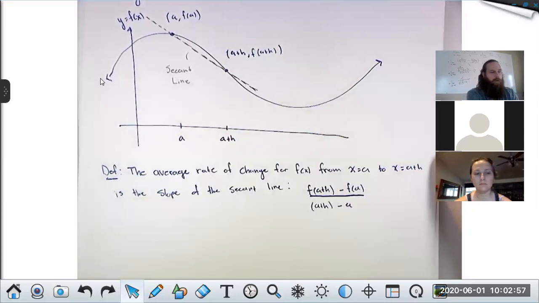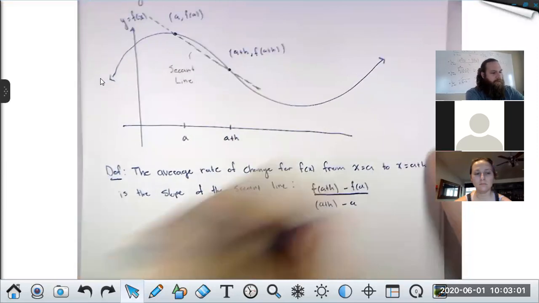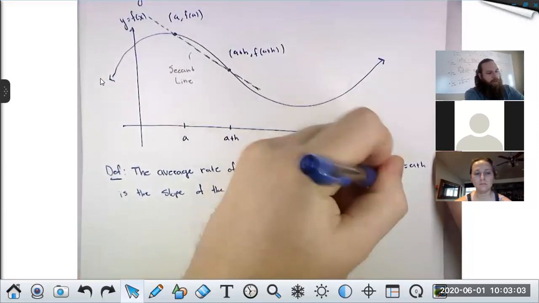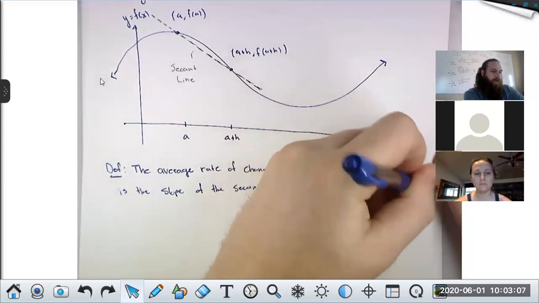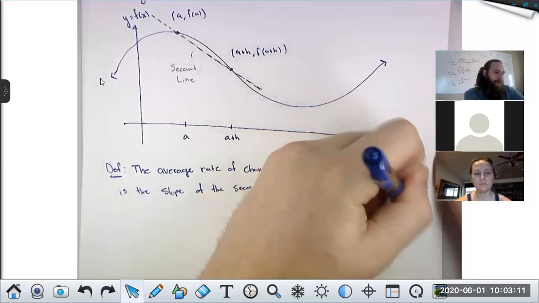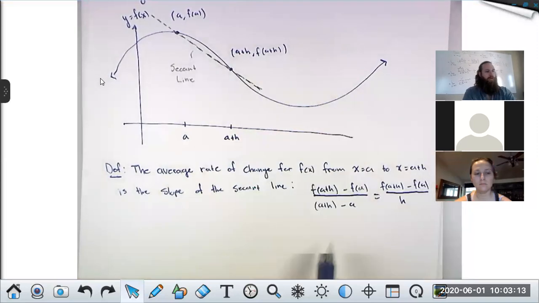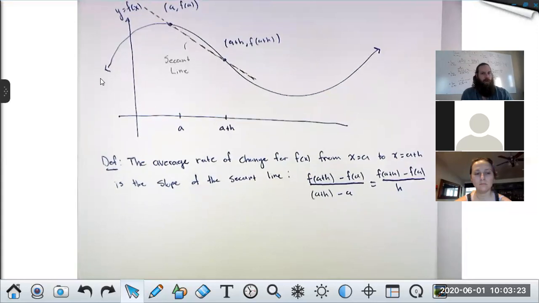But that denominator can be simplified. This is the same as f of a plus h minus f of a just divided by h, right? The a plus h minus a, the two a's there go away. They cancel. So this is the thing you've seen called the difference quotient, and it gives you an average rate of change for your function.